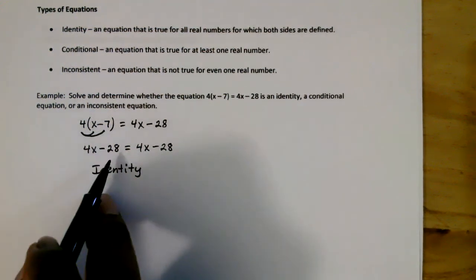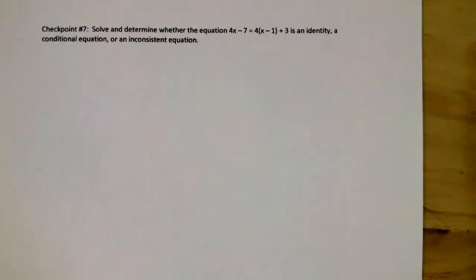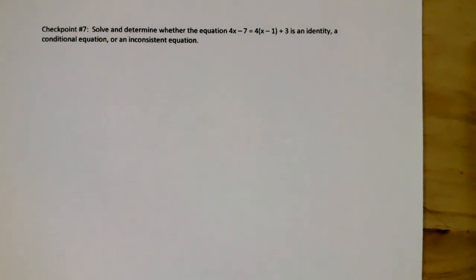Because 4x minus 28 does equal 4x minus 28. Okay, and another example of this. Let's say I want to solve and determine whether the equation 4x minus 7 equals 4 times the quantity x minus 1 plus 3 is an identity, a conditional equation, or an inconsistent equation.